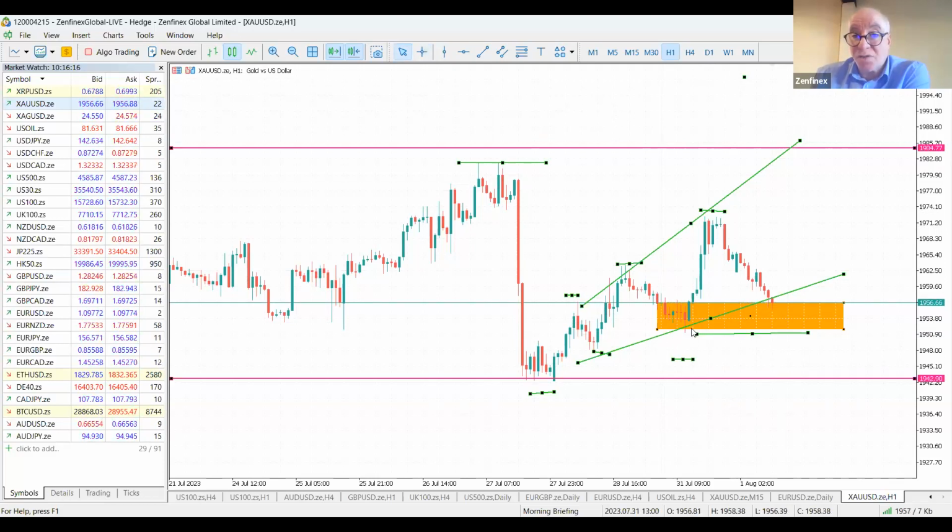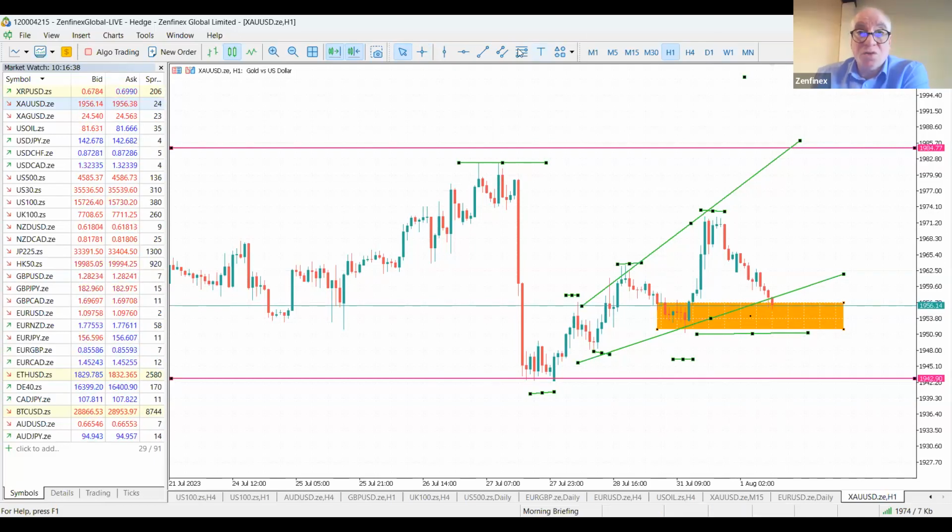And if it doesn't, if strength prevails from this area, then this is going to be a really great spot to put a stop loss, because what we're saying is that this upward momentum is going to continue, or it's going to start back from the origination of where it started before.